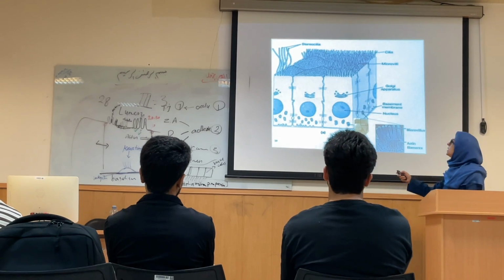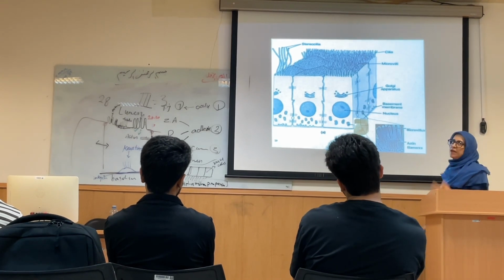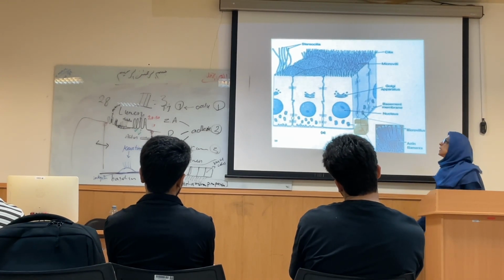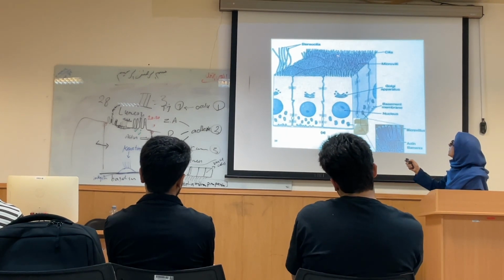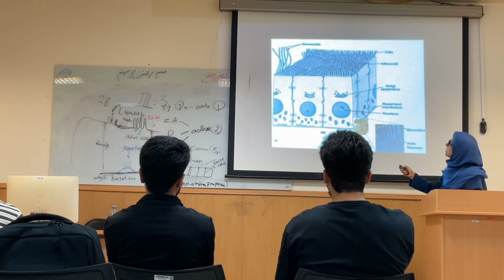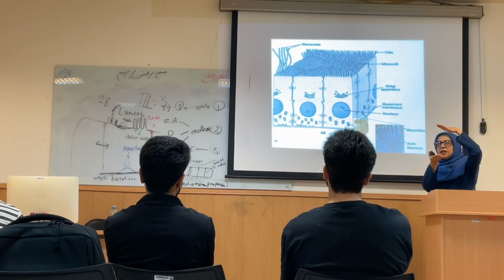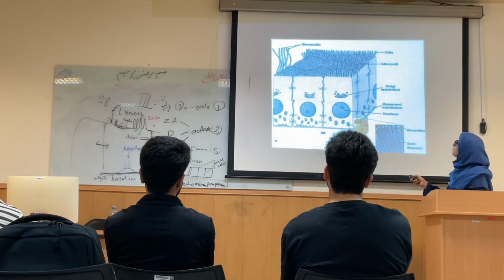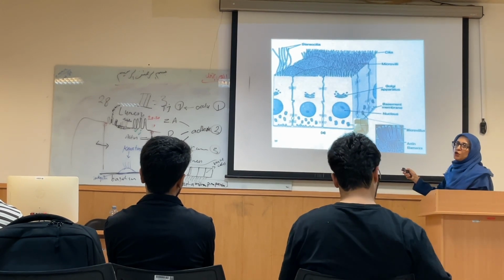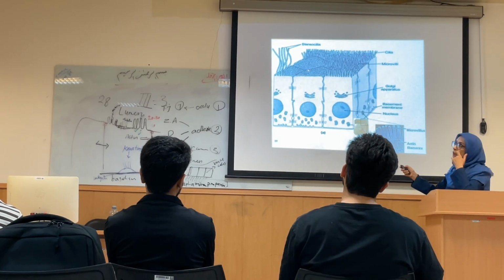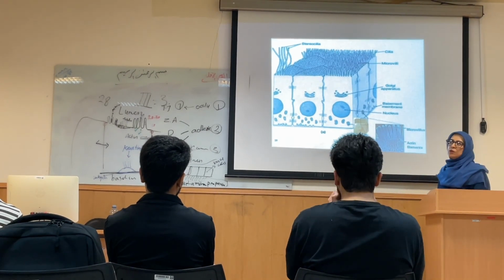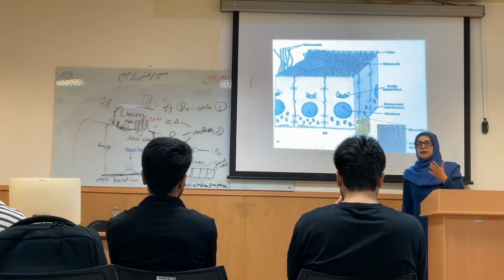Thus, on the apical surface we have three structures: stereocilia, microvilli, and cilia. Here you can compare their height: the microvilli are short, the cilia are a little longer than microvilli, and finally the stereocilia are the longest one.